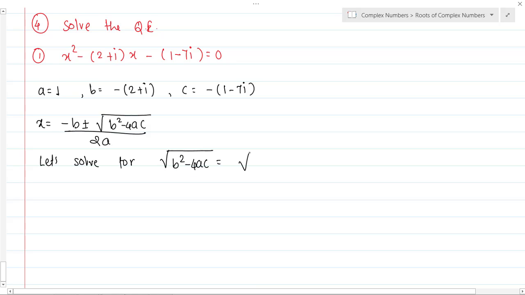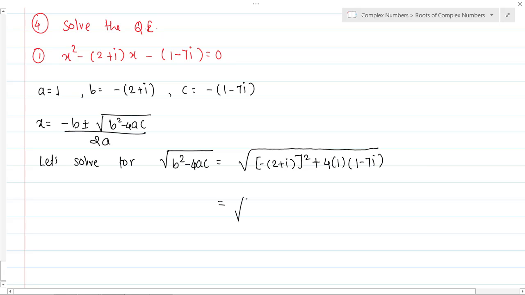So this is equal to b square. So what is b square in our case? This is my b square: minus (2 plus i) whole square, minus 4 into a, which is 1, into c, which is minus 1 minus 7i, so it becomes minus minus plus (1 minus 7i).